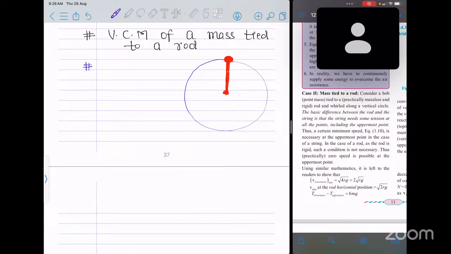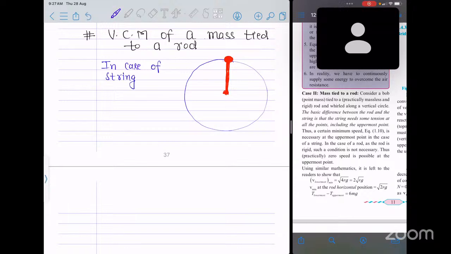The basic difference is, for string it will need some tension at all the points, but in case of rod, we will write it like this.